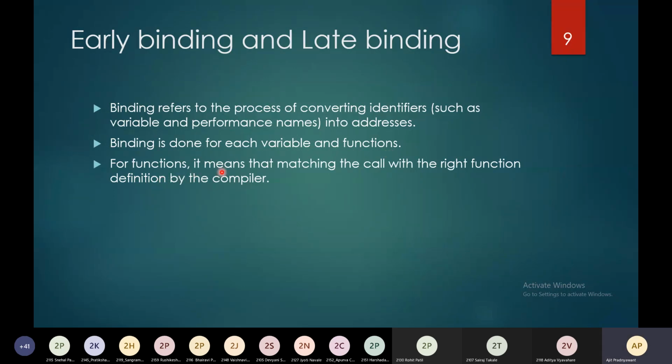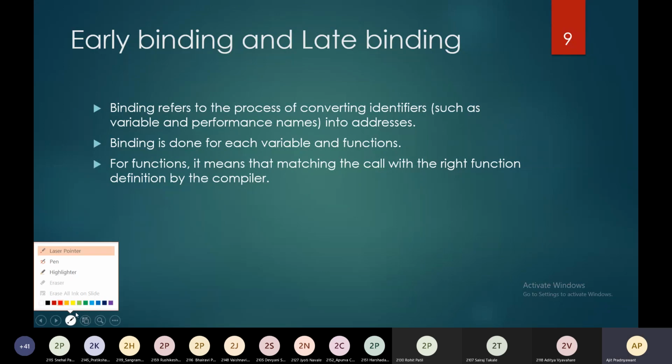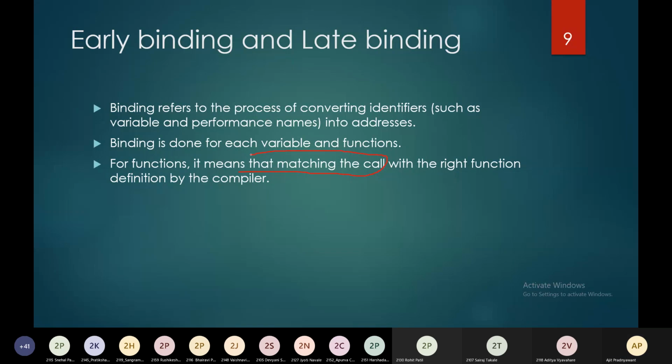For a function, it means matching the call. Which method is to be called, that is called matching the call with the right function definition by the compiler. Or in simple words, deciding which method is to be called is called matching the call.